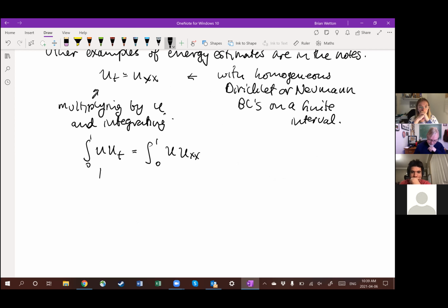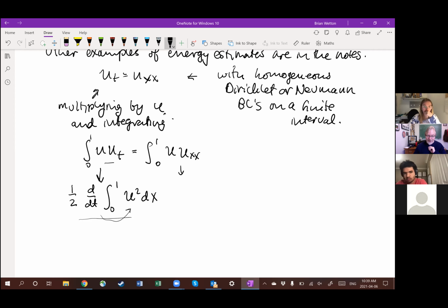And this term I'm just going to rewrite as the time derivative of one half the integral of u squared dx. Typically you would start with this and go the other way, so this is a bit of an inverse step. If you had this quantity, you would take the partial derivative with respect to t inside, and then you would get 2u ut, and you can see that those two things are the same.